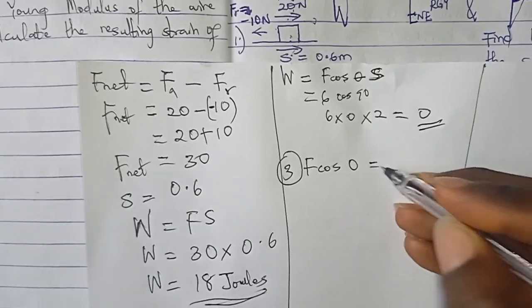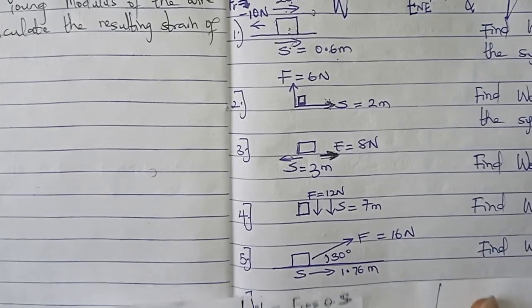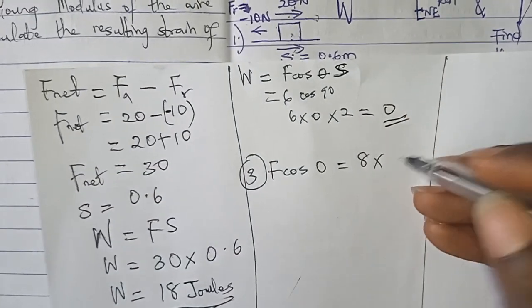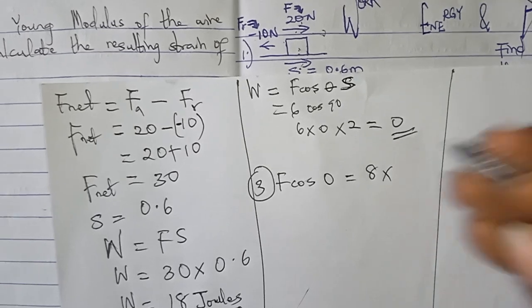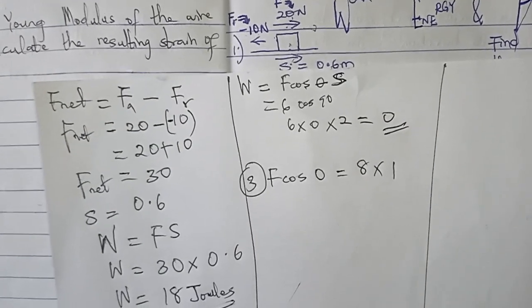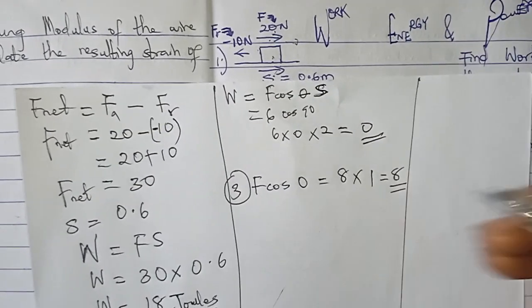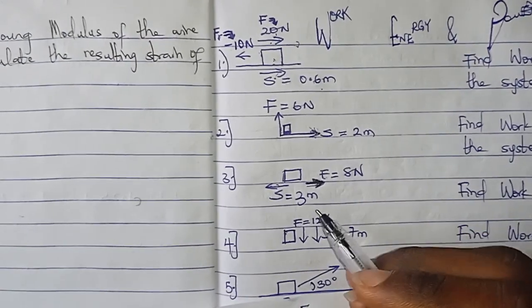So it's going to be equal to 8 times cos 0, which is 1. 8 times 1, which is equal to 8. It's still 8. Now let's look at it in this direction.